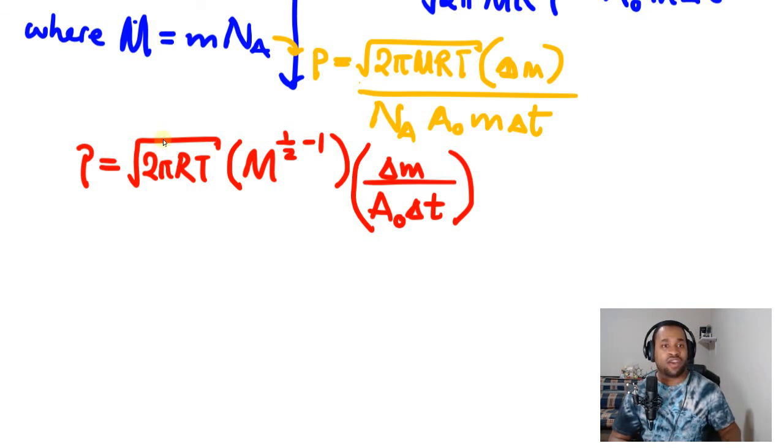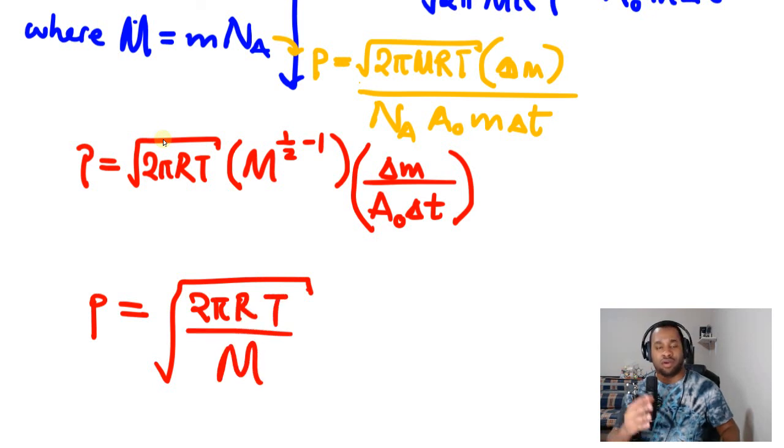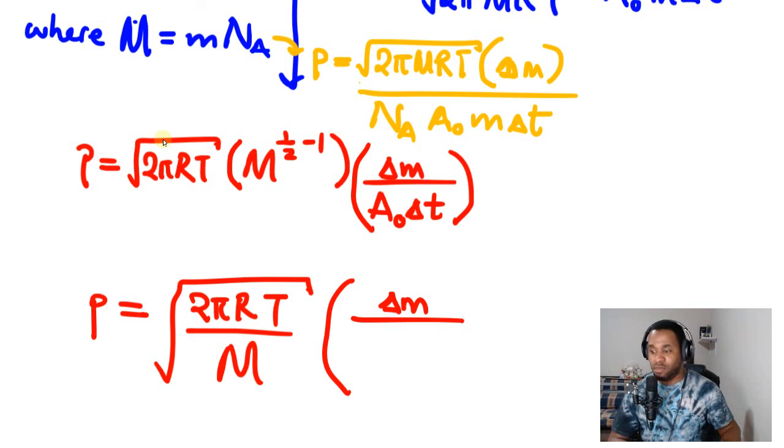And so our final expression will be in terms of pressure to be equal to the square root of 2 pi RT all over the molecular mass or molecular weight, and this is all multiplied by the change in the mass, all divided by our area of the hole multiplied by the change in time.